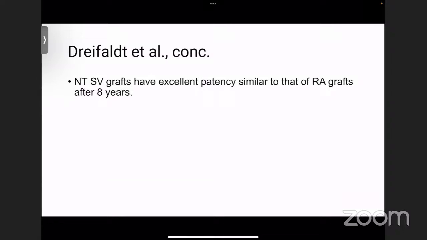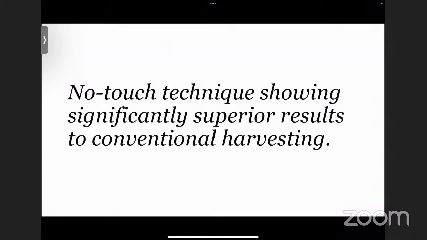And I guess one could also conclude, because of the randomization and the blinding as to which ones to anastomose, that the saphenous is probably more versatile. We can use it for more grafts. That might be something we can conclude from this study as well, which is a benefit to the saphenous.